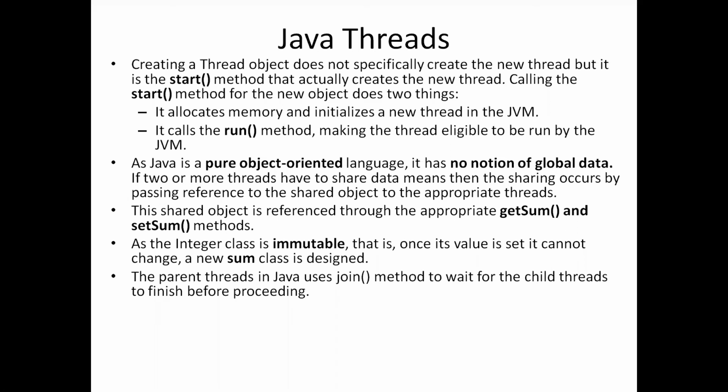Here in Java we use the join method to block the parent thread, that is, to make the parent thread wait for the child thread to finish. After the child thread's execution is completed, the parent thread will get activated and proceed with its job. We'll see this with the code.